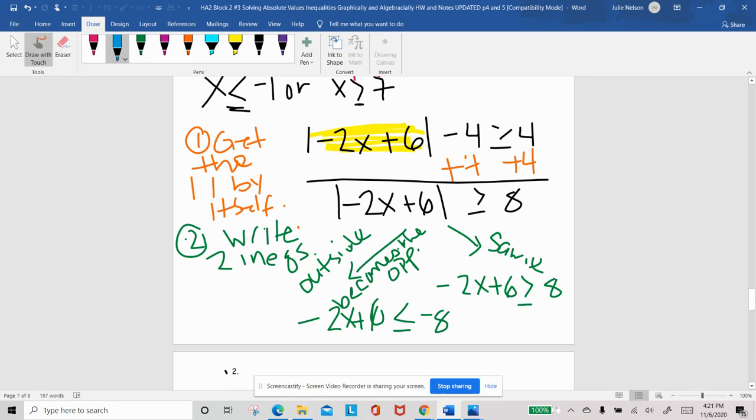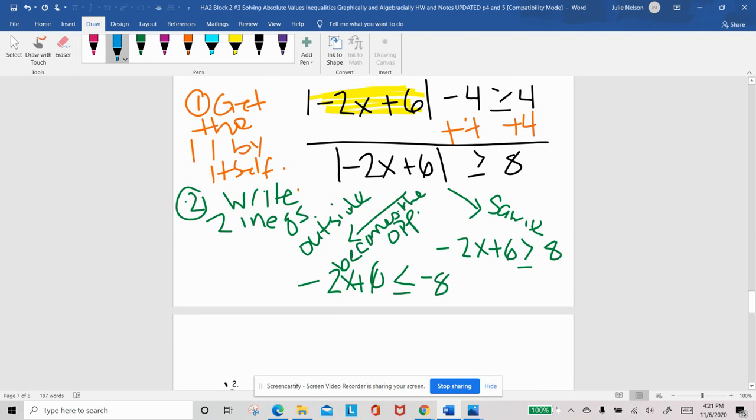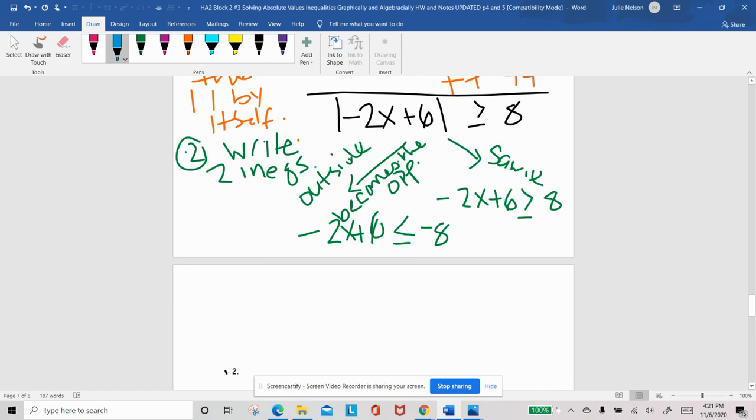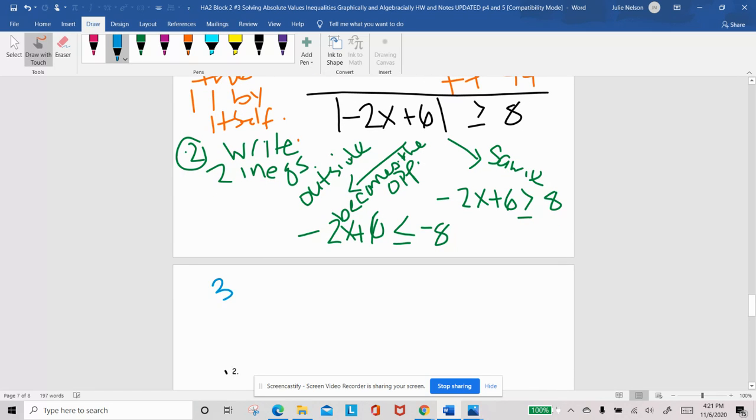And the very last step is to solve. If I solve, I would subtract 6. So negative 2x is less than or equal to negative 14. And I divide by negative 2.